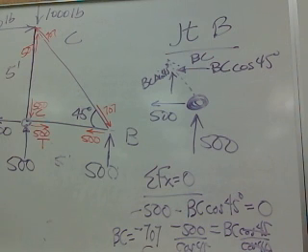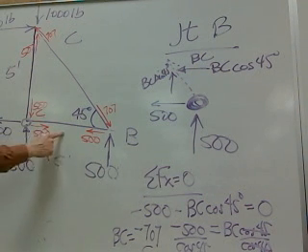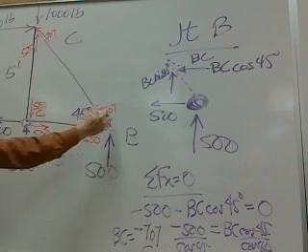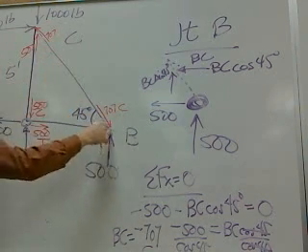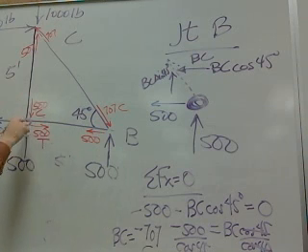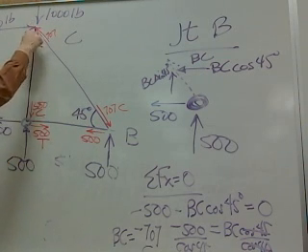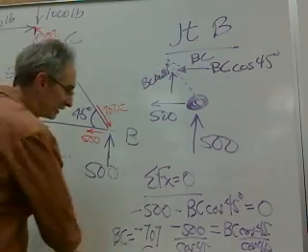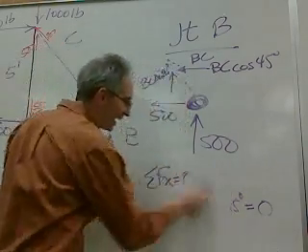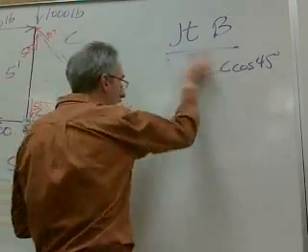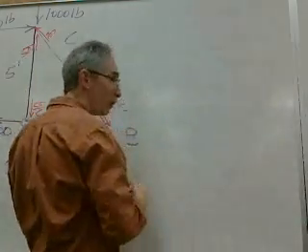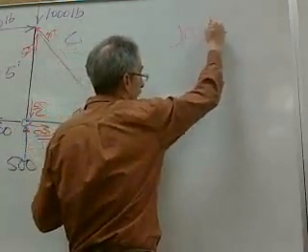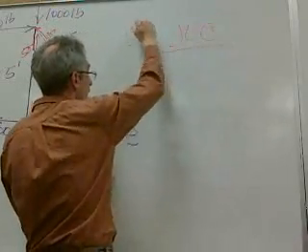Is there anything left for me to find? No. I got this member. I know that's 500 tension. I know BC is 707 compression. And I know AC is 500 compression. I found everything. But we can go ahead, and if you want, you can solve joint C, but this would simply be as a check.